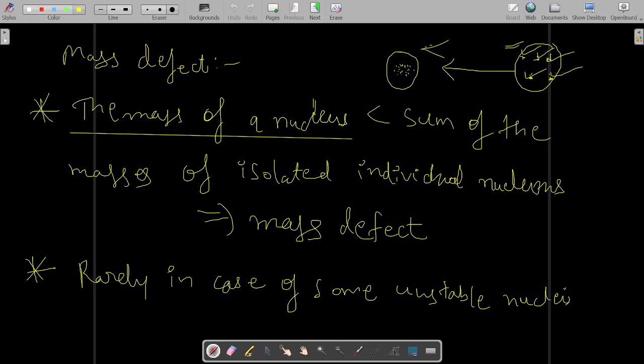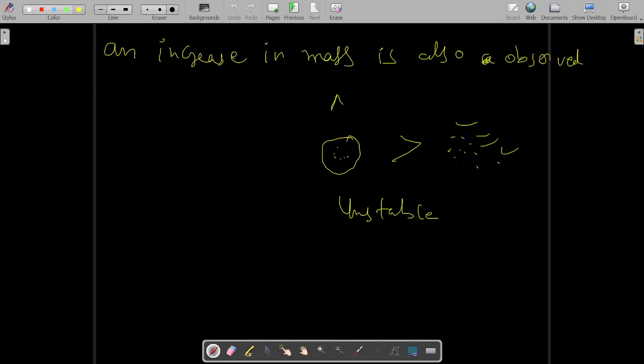In the previous class I told you that some of the mass was lost in the form of delta E is equal to mc square. But over here, the mass of this nucleus will be a little bit more than the mass of the nucleons out of which it is formed.